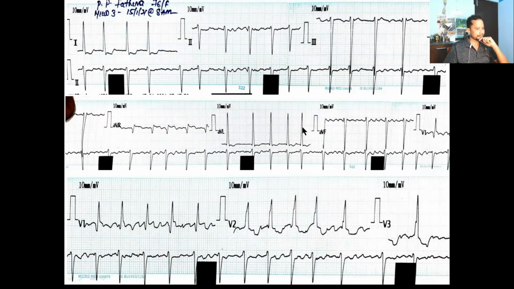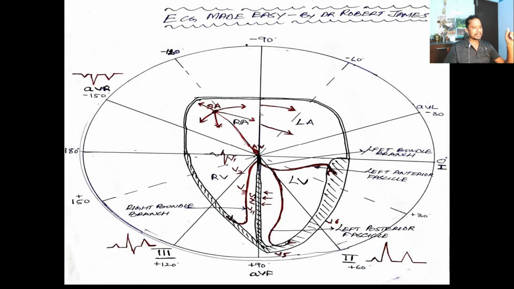We come back. Now you look at the most isoelectric. Let us say we'll try to find the most isoelectric complex. So there is no isoelectric complex. Okay, so now I will conclude that the axis is left axis deviation and it is around minus 60 degrees, because lead 3 is almost negative.